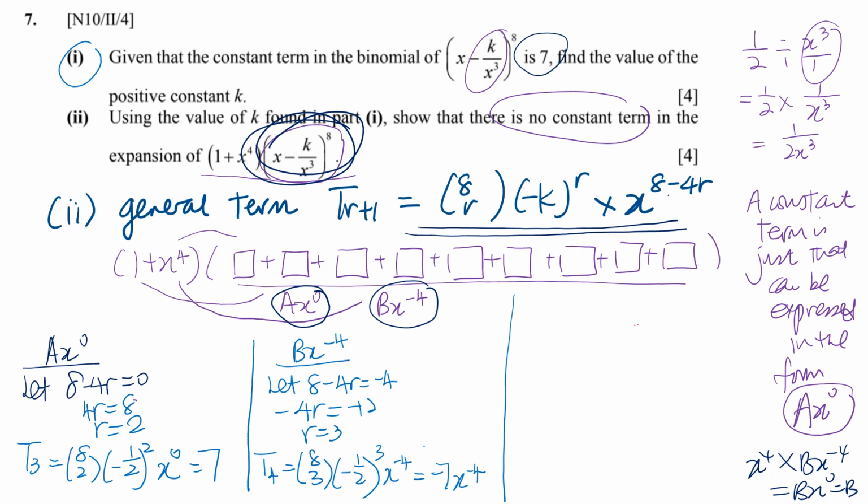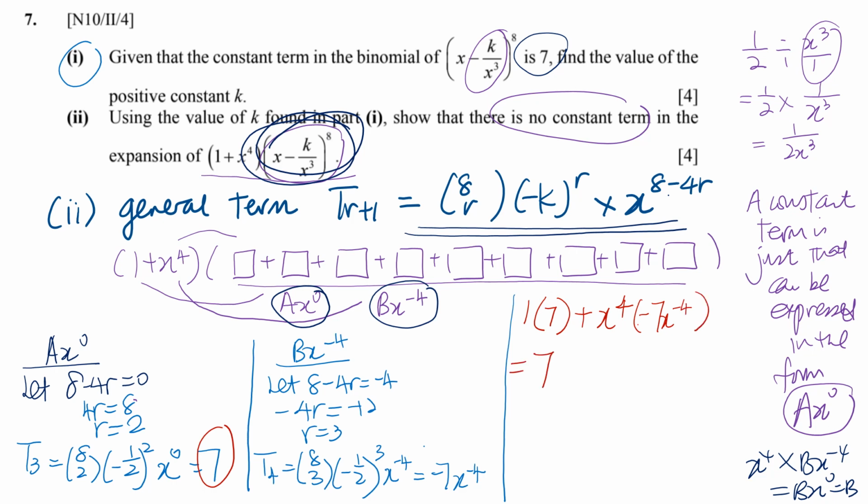So what we're saying is that I've managed to find the two terms, right? The first term is 1 multiplying with 8x to the power of 0, which we found out to be 7. So 1 times 7. And then the second term is x to the power of 4 multiplied with bx to the power negative 4, and we found that to be negative 7x to the power negative 4.